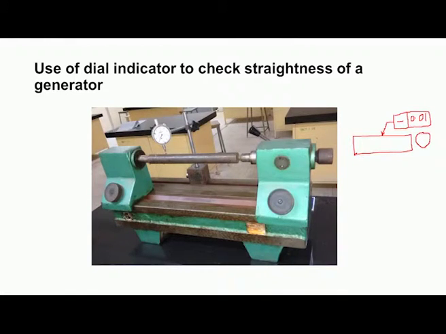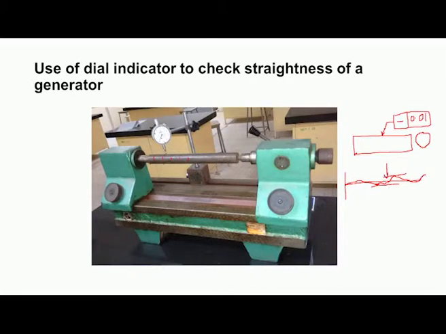indicator to different positions. We can mark the positions like 0, 1, 2, 3 like this. So, the total length is divided into some equal number of parts, and at these locations we can take the reading. And if you plot depending upon the values, we get the profile like this, and then we should take the peak and valley.